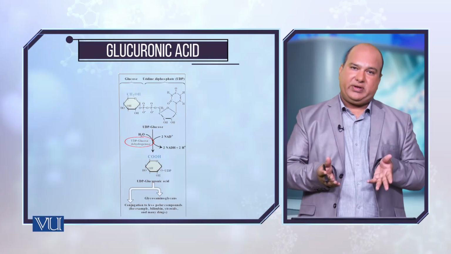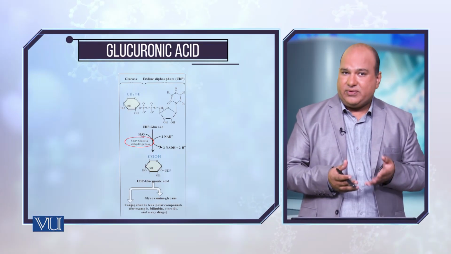It is formed from glucose. The glucose was changed into UDP glucose. This UDP glucose, under the action of UDP glucose dehydrogenase, is converted into UDP glucuronic acid.